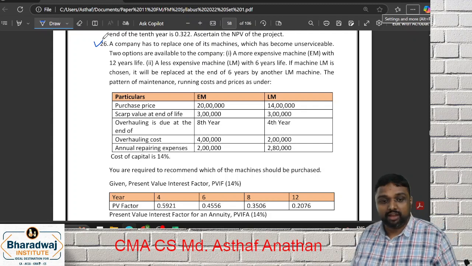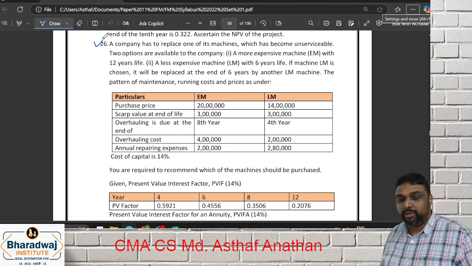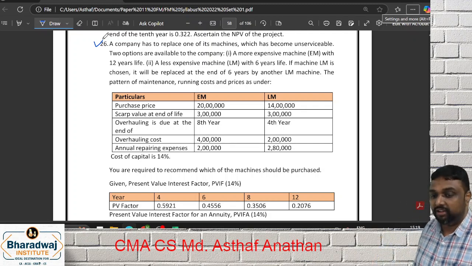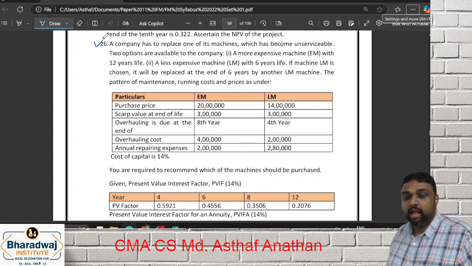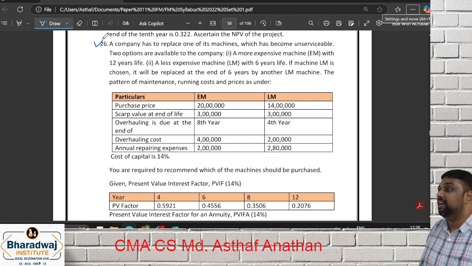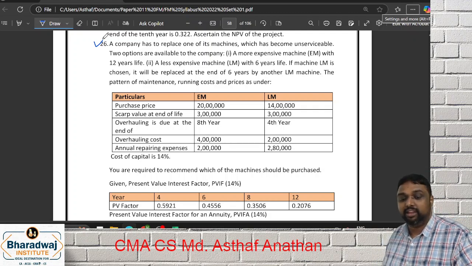So with your permission, I will read the question. A company has to replace one of its machines which has become unserviceable. Two options are available. A more expensive machine, EM, which has a life of 12 years. Another machine, LM, having a life of 6 years. It has a replacement delivery of 6 months.